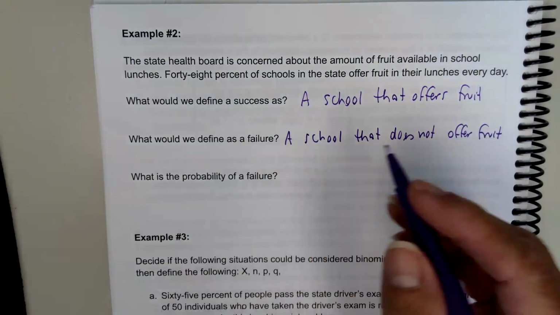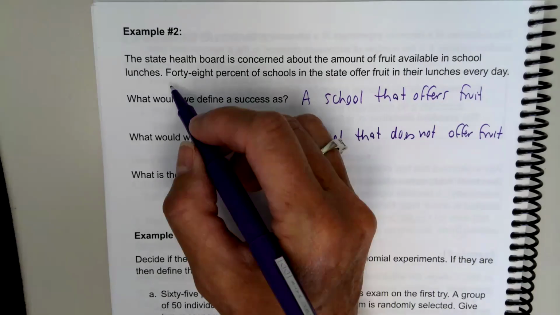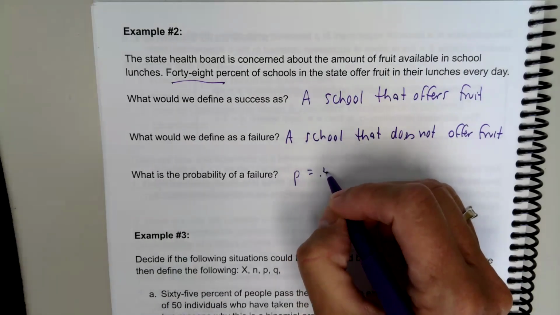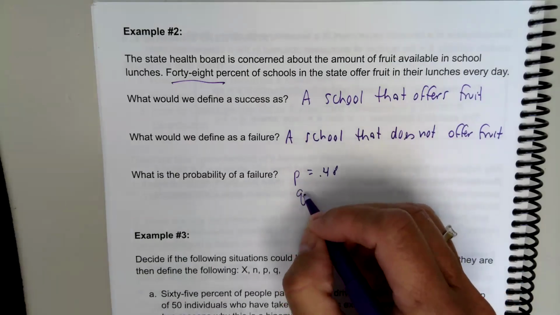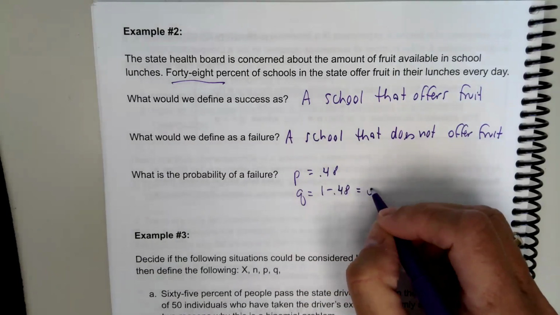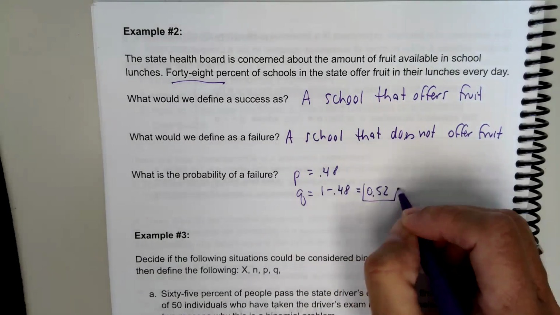And what is the probability of failure? So the probability of success is the probability that they offer fruit. So P is equal to 0.48. So Q is equal to 1 minus 0.48, or 0.52.